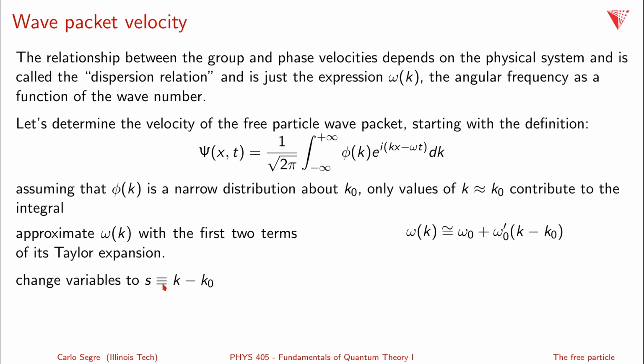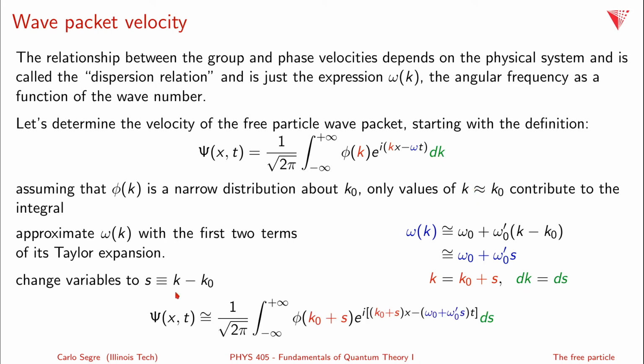We'll now change variables from k minus k sub 0 to s. And so we have k is equal to k sub 0 plus s, and dk is equal to ds. So we take this integral, replace this for omega of k, we replace this for k, and the s goes in for dk, and we get the following integral.